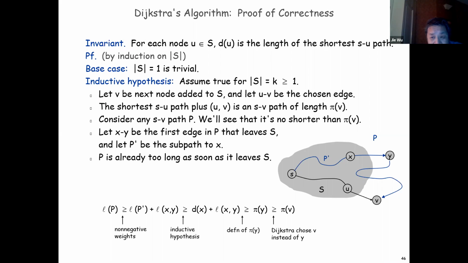Although this algorithm will stop as soon as the destination is included in this set, not necessarily finding the shortest path to all the nodes. Likely it will not, depending on the shortest distance between S and T. So that's the algorithm.